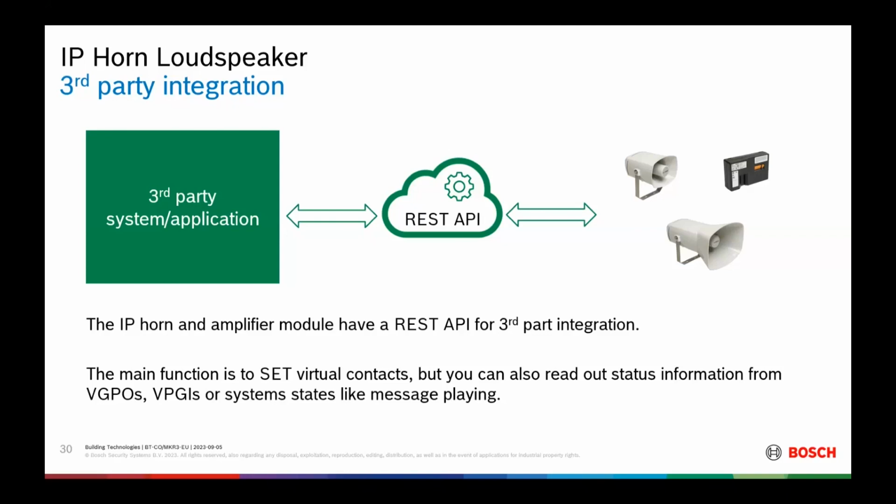This provides an easy way to collect and process requests. The main function is to set virtual contacts, but you can also read out status information from virtual GPOs, virtual GPIs, or system states like message playing.